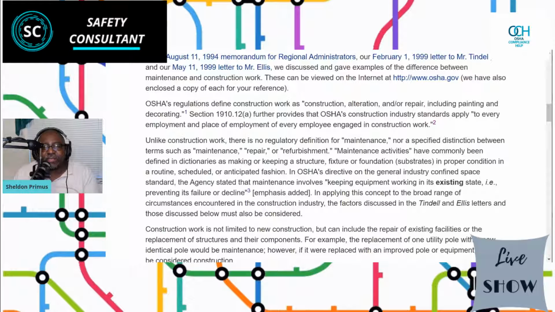If you're doing this in a routine, anticipated, structured way, once a year, every other year, every 3 years, then you might have a case to say that you are maintaining this property by keeping its structural integrity, even though the activity may be seen as construction.